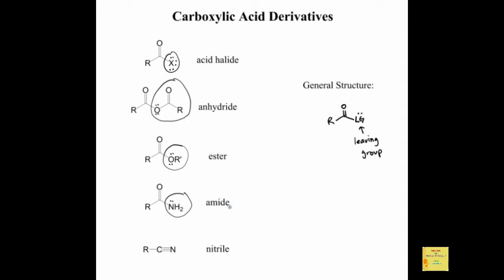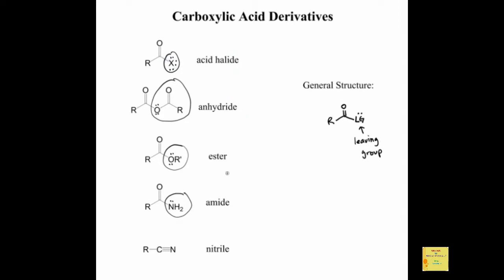It's called an amide when you have a nitrogen attached to the carbonyl. It's called an ester when you have an OR group. Okay, so it's no longer an ether. An ether means I have an alkyl, then an oxygen, and then an alkyl. That makes it an ether. When one of those groups is a carbonyl, we call it an ester. When both of the groups on either side of the oxygen are carbonyls, we call that an anhydride. And if we have a halogen attached to the carbonyl, we call it an acid halide.